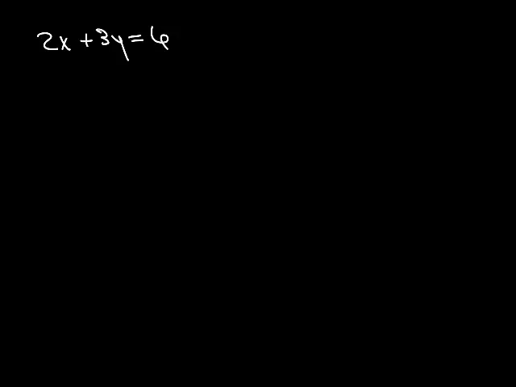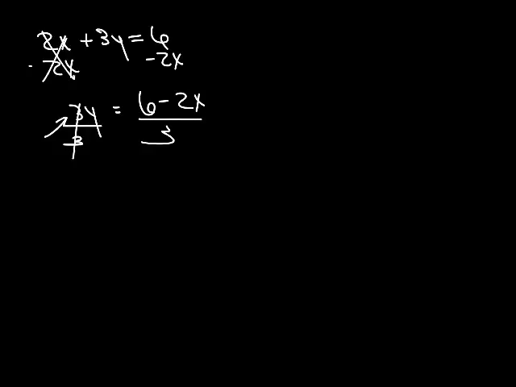We're trying to isolate the y, get it on one side of the equal sign all by itself. So we get rid of the 2x, and we end up with 3y equals 6 minus 2x. Now we still have to get rid of the 3, so we divide.